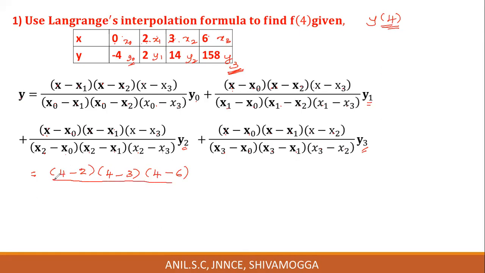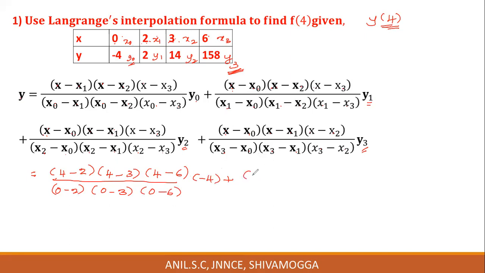Whole divided by x0 minus x1, x0 is 0: 0 minus 2, 0 minus 3, 0 minus 6, into y0. y0 is minus 4, plus. Now this term.